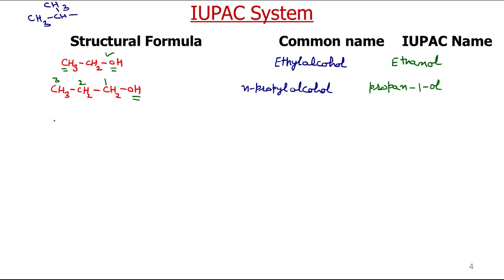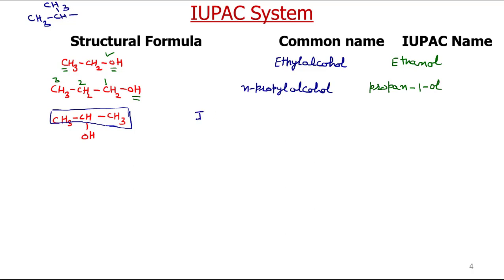Now let us see what will be the name of its other isomer. The other isomer, like I said, can also be present as CH3 CH(OH) CH3. Now this group is called the isopropyl group, so we will call it isopropyl alcohol.